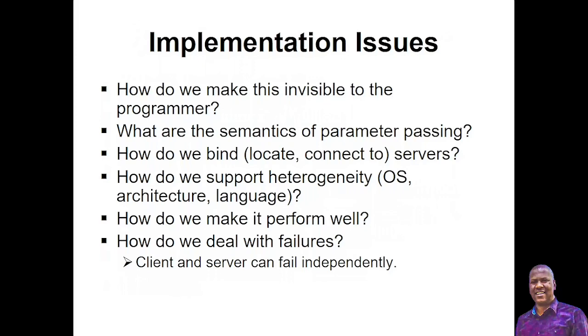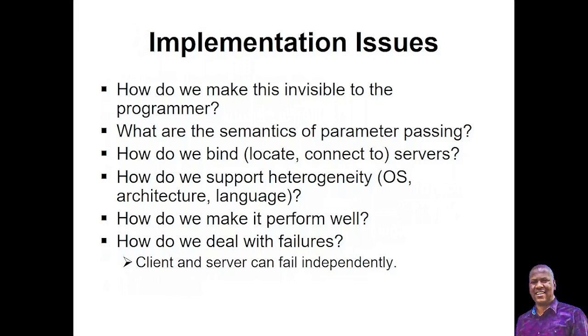Now we can also realize some issues within this particular stub. But again, we need to ask these questions. How do we make this invisible to the programmer? What are the semantics of parameter passing that you can use? How are the different objects bound together?